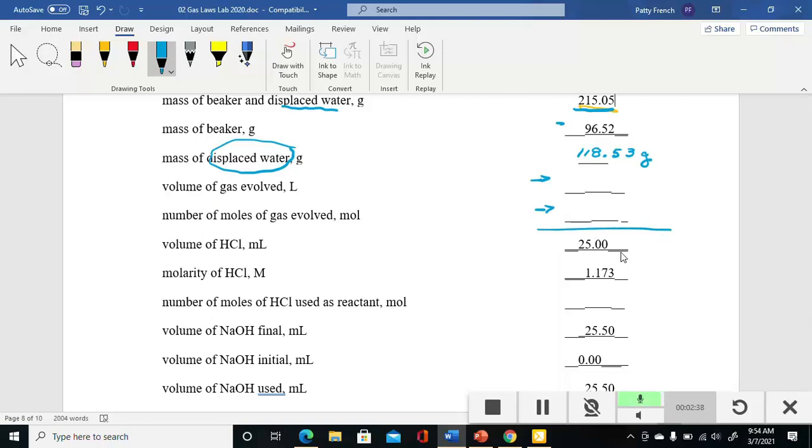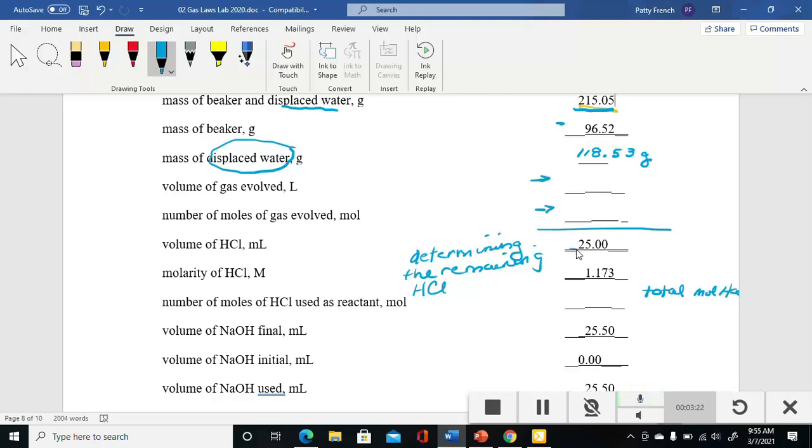The second part, of course, was determining the leftover, or unreacted, HCl in the reaction flask. First, in order to do that, we have to find the total moles of HCl.